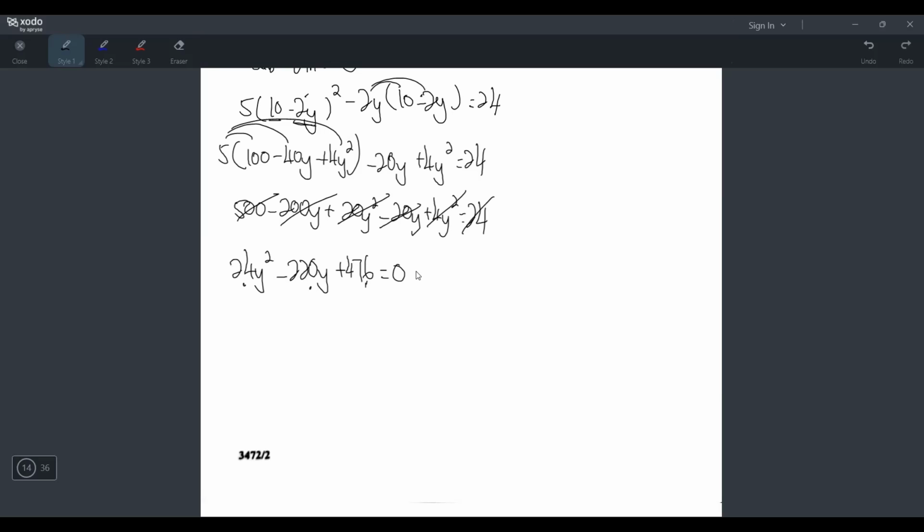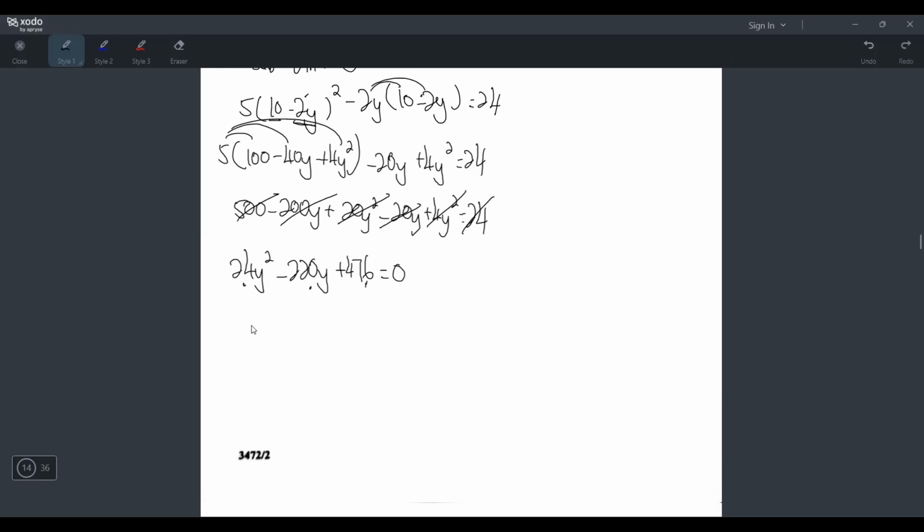Maybe divide by 12. Cannot also. But what if I divide by 8? What is 220 divided by 8? Let me press the calculator. Cannot. So 8 also cannot. Then divide by 4. Can I divide by 4? 220 divided by 4, can. So actually the correct way here is to divide by 4.